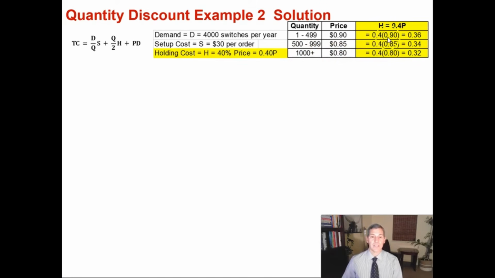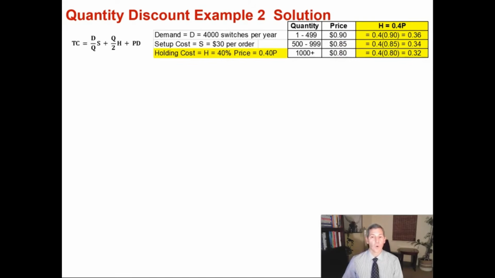So you simply take 40% multiplied by the purchase price, and that gives you your holding cost for each different quantity discount. So for 90 cents, your holding cost is 36 cents. If you're buying something at 85 cents, your holding cost is 34 cents. If you're buying something for 80 cents, your holding cost is 32 cents.